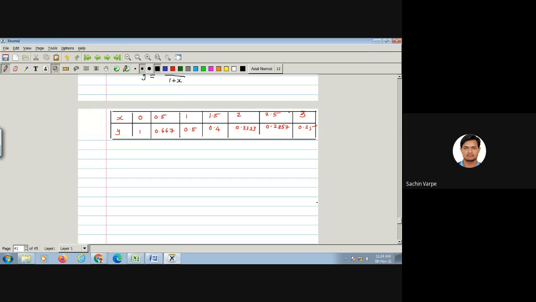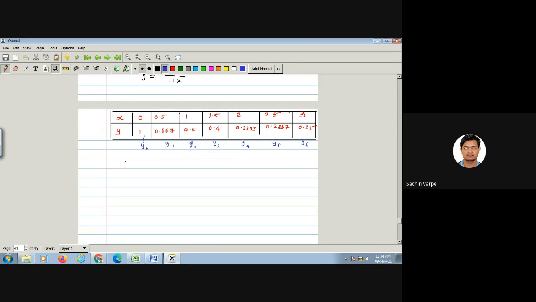So let us use these ordinates in the formula. This is y0, y1, y2, y3, y4, y5, and y6. These are 7 ordinates.